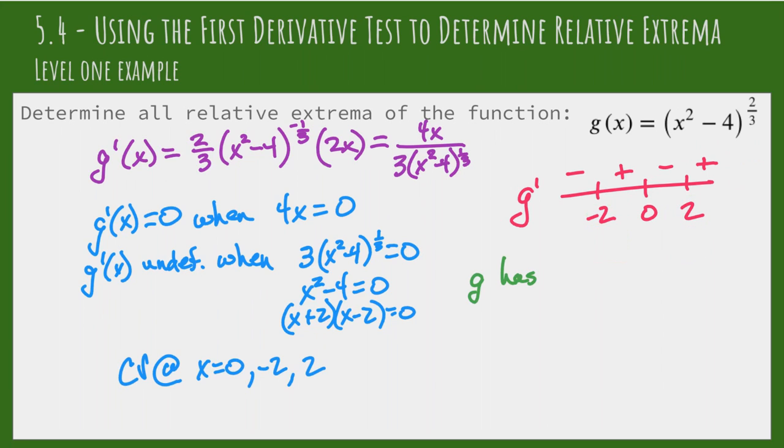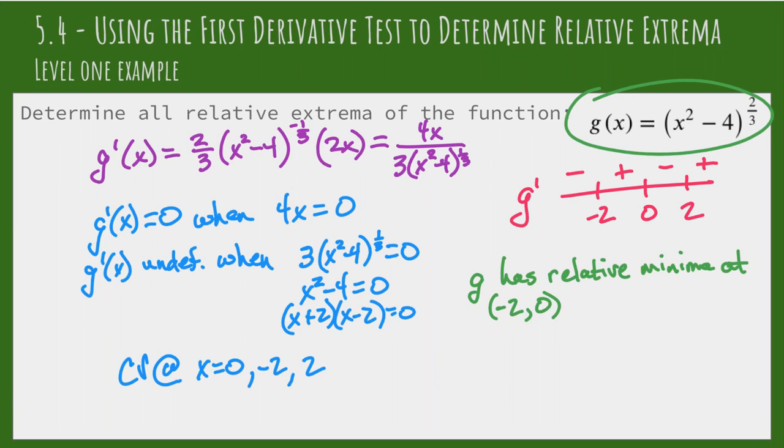So G has relative minima at -2, comma, we plug -2 into the function. G of -2 is 0. Keep in mind right now we're looking for points on G, so we're plugging into the function, not into the derivative.